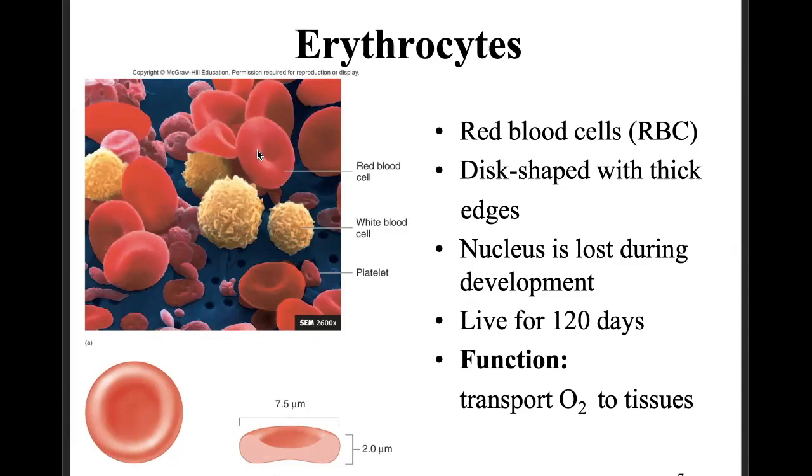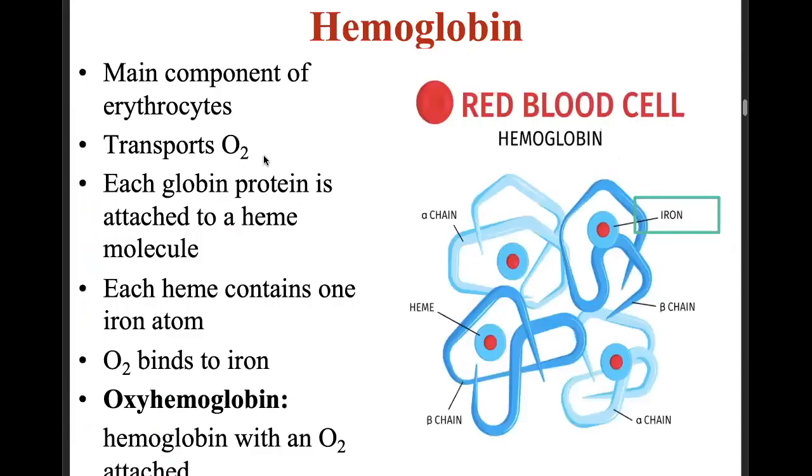The nucleus is lost during development, so your RBC doesn't have a nucleus. They usually live for about 120 days. The main function of your RBC is to transport oxygen to tissues. So that is your erythrocyte.